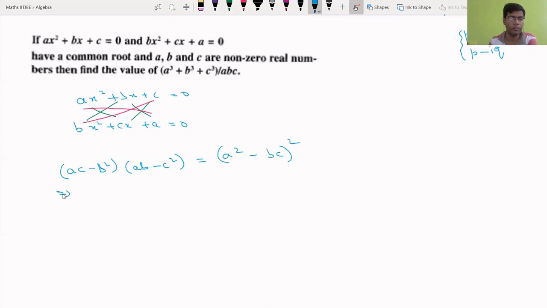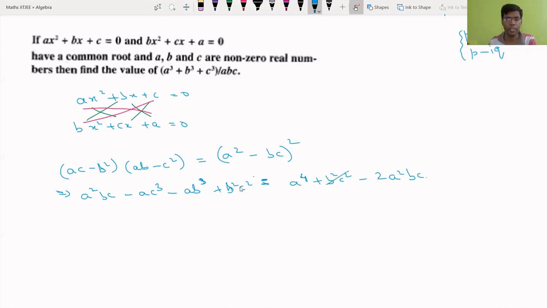Okay, so if we expand it, we'll get a square bc minus ac cube minus ab cube plus b square c square is equal to a power 4 plus b square c square minus 2a square bc.